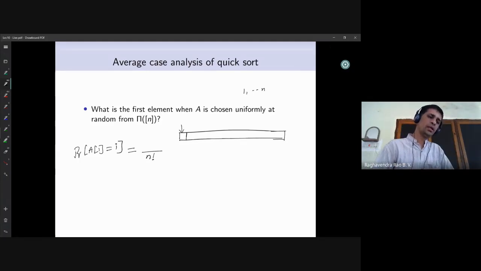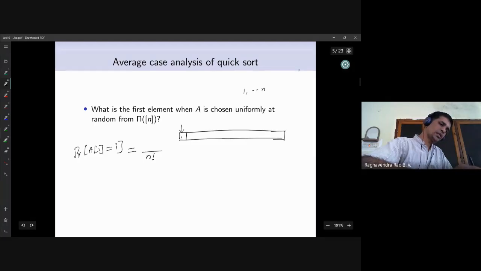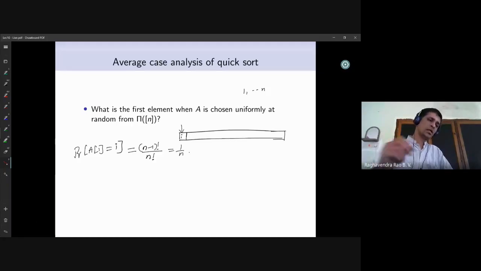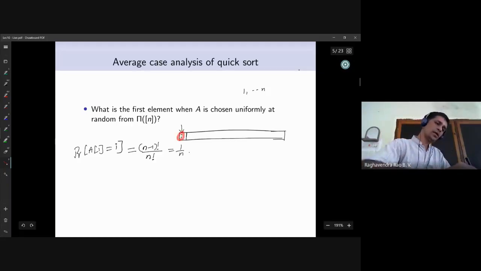In the numerator, the number of permutations which contain the first element as i. There are exactly n minus 1 factorial such permutations. So this is n minus 1 factorial over n factorial, which is 1 by n. And this probability is independent of i. It's the same for every i. In other words, the first element of the array is uniformly distributed.